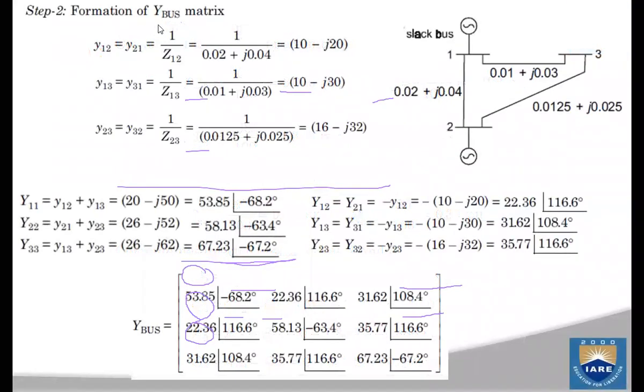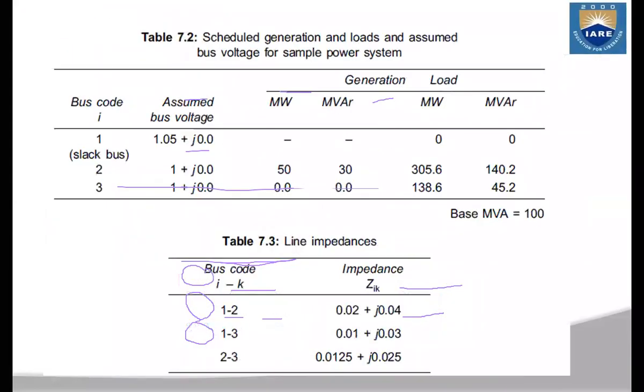So the next step is you have to form the Y-bus matrix. So for this 3-bus power system network, from the given line data, if you see in the previous slide problem, this is the line data given.